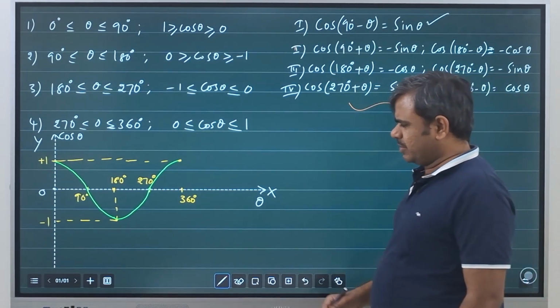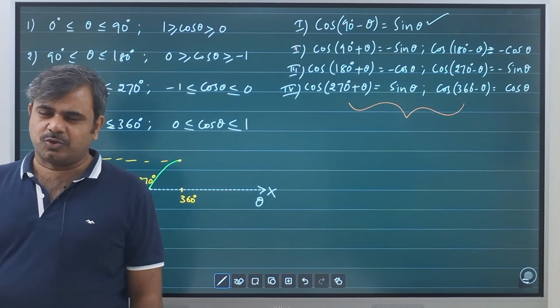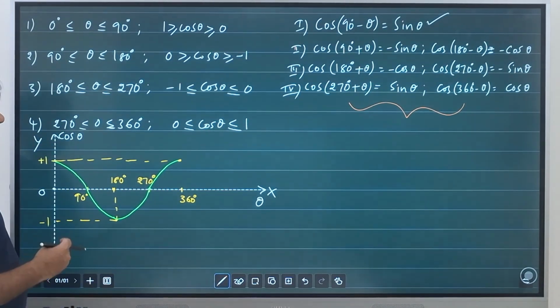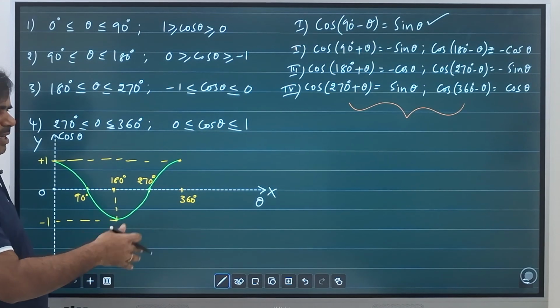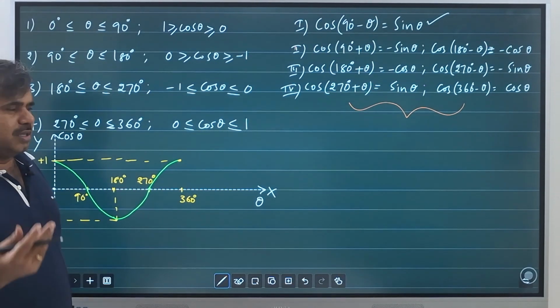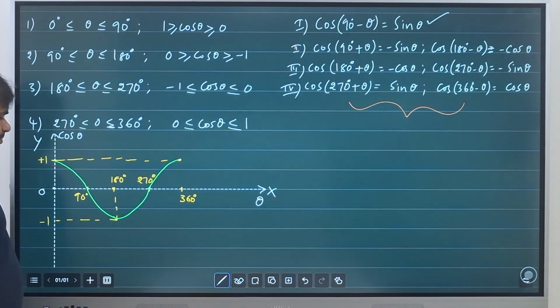Similarly, we can also discuss what happens to the values of tan theta as theta changes from 0 to 360 degrees in those four cases: first quadrant, second quadrant, third and fourth quadrant.